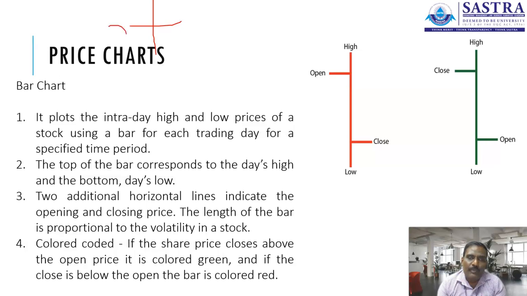So here, you can take this particular chart: it shows the opening price, the closing price, the high price that the particular stock reaches during the specific trading day, and the lowest price reached during the trading day. Assume the stock has started with an opening price of 100 rupees and the closing price is 125 rupees.